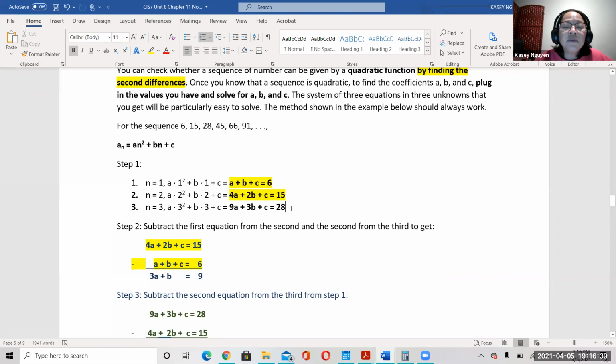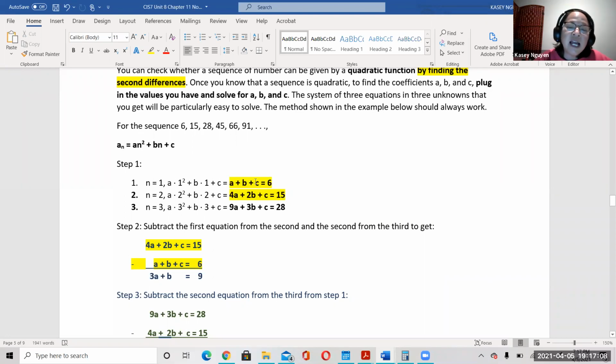Step number 2: once we have the ABC equations after we plug in the n values, we take the two ABC equations and subtract them. Subtract the first equation from the second equation, and then the second from the third, to get the difference. We're trying to achieve the difference.